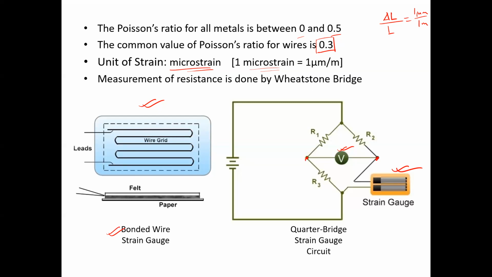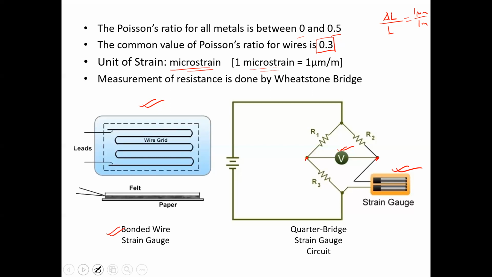So in order to compact the size of the strain gauge, the wire is placed in a zigzag form, so that within a very small area a large amount of the wire can be placed easily. So this is a general simple construction of a strain gauge.